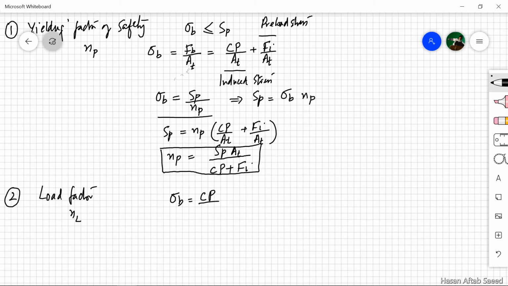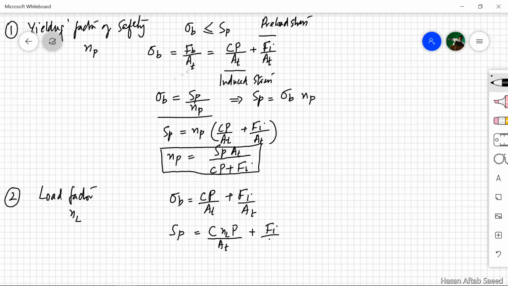Writing it again, CP over AT plus FI over AT. Now for sigma B, I'll put in SP. This is the ultimate limit, the limit which we cannot exceed, and then we apply this load factor NL only to the applied load P, not to FI.